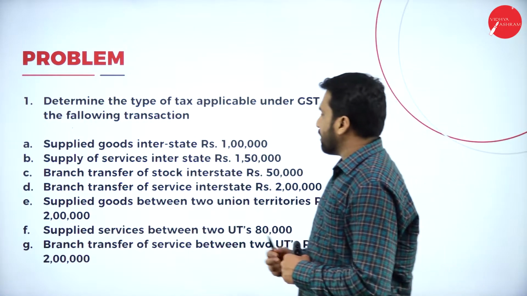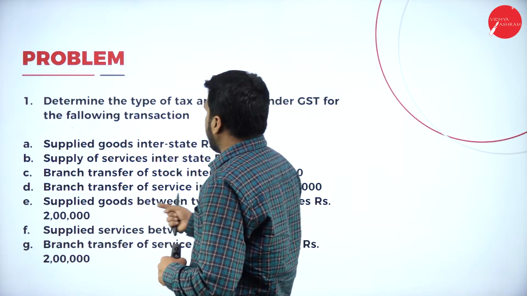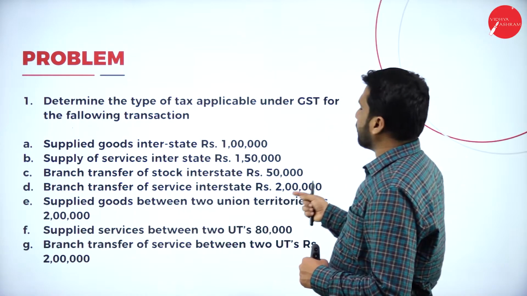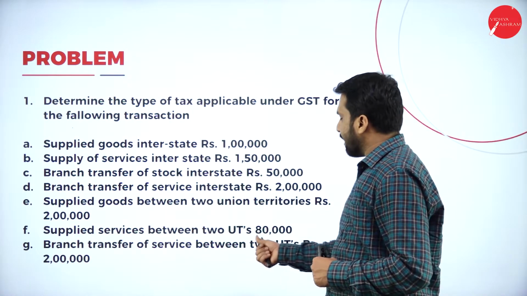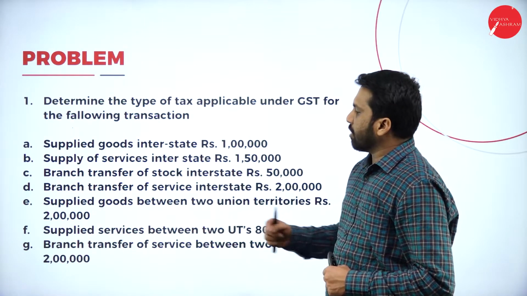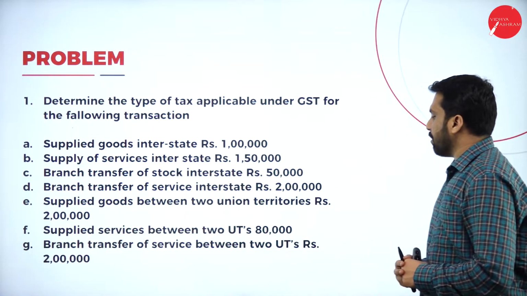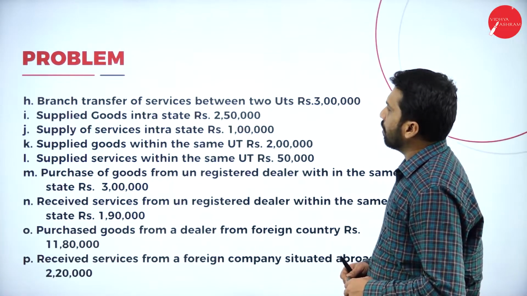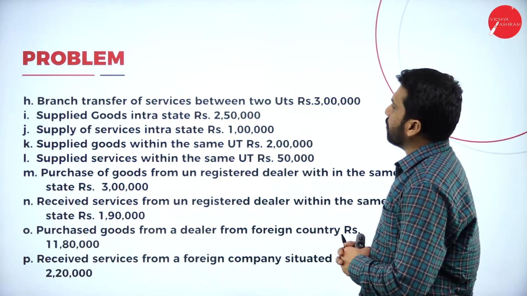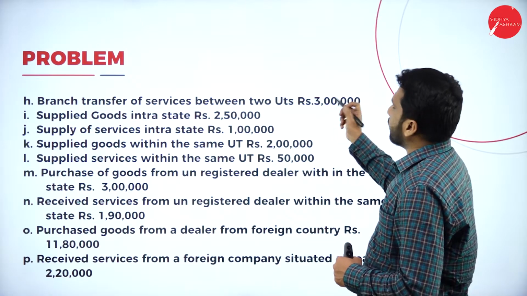Then branch transfer of services. Supplied goods between two union territories. Supplied service between two union territories. Next, branch transfer of service between two union territories.